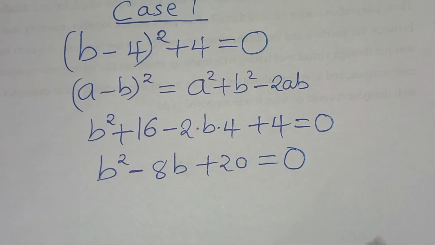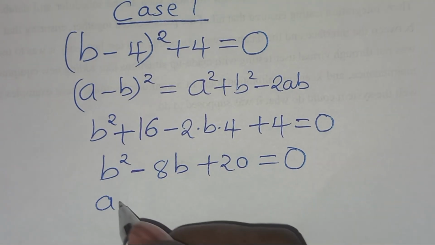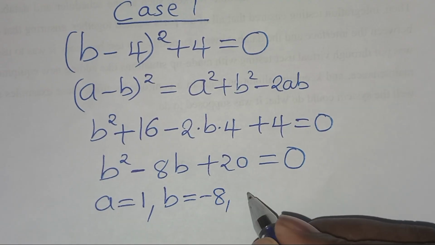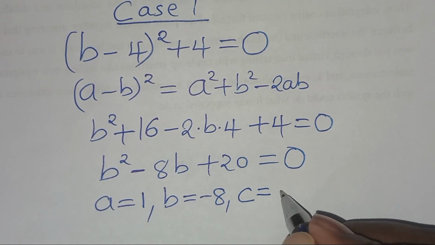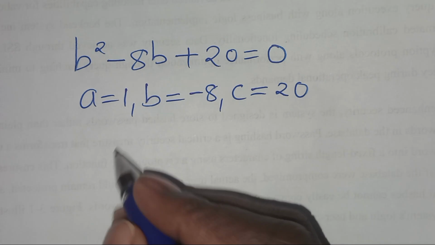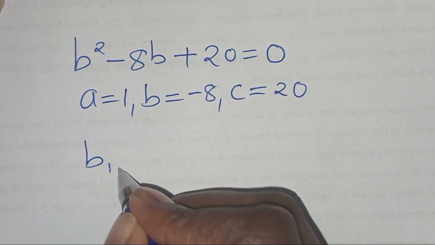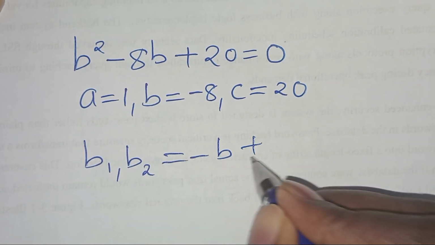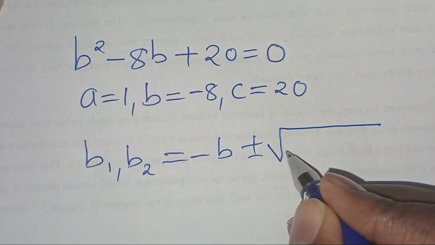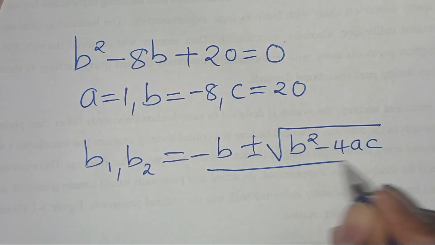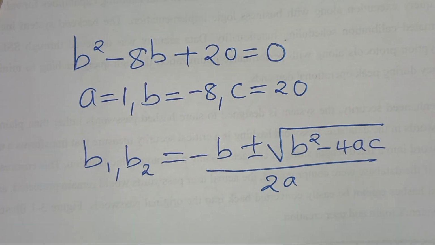So we form a quadratic equation with a equal to 1, b equal to -8, and c equal to 20. So let's apply the quadratic formula to solve for b1, b2, which is -b plus or minus the square root of b^2 - 4ac, over 2a.